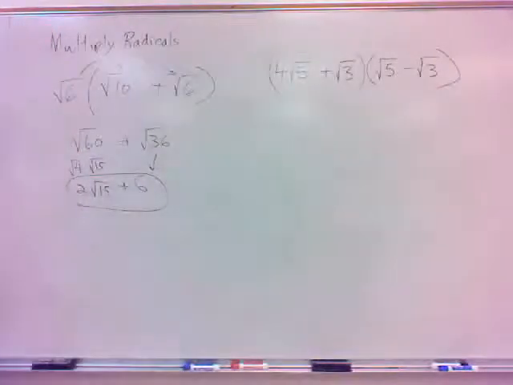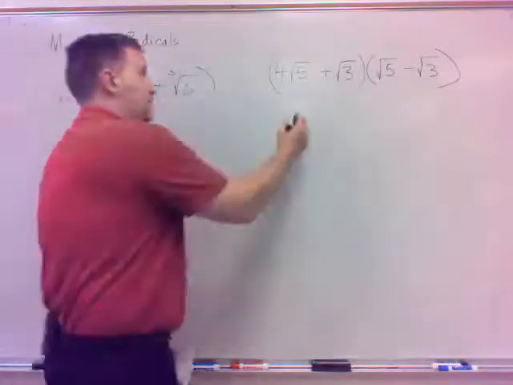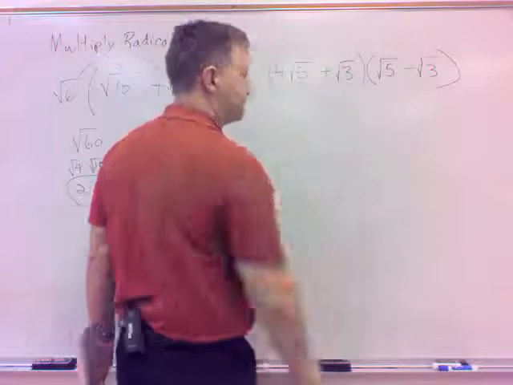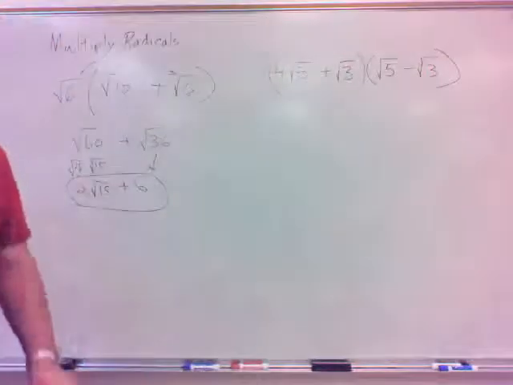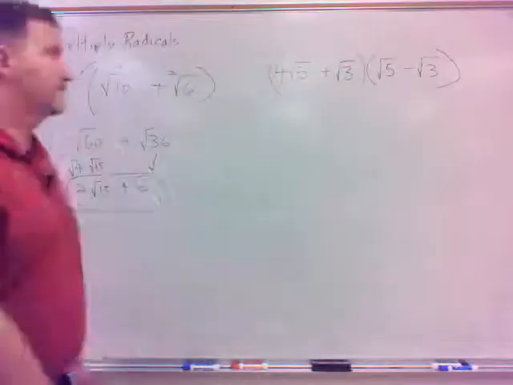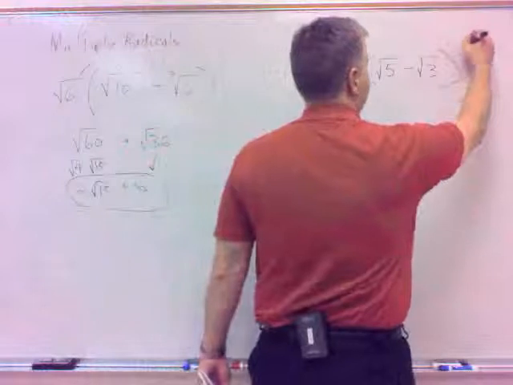What do you see happening there? Distribute again. What's the usual word? FOIL. Yeah, this is basically two binomials, binomial radicals. And when we have binomials like that, the word of the day would be FOIL.